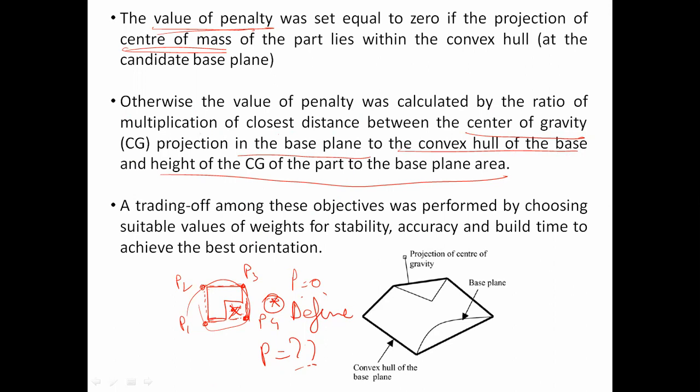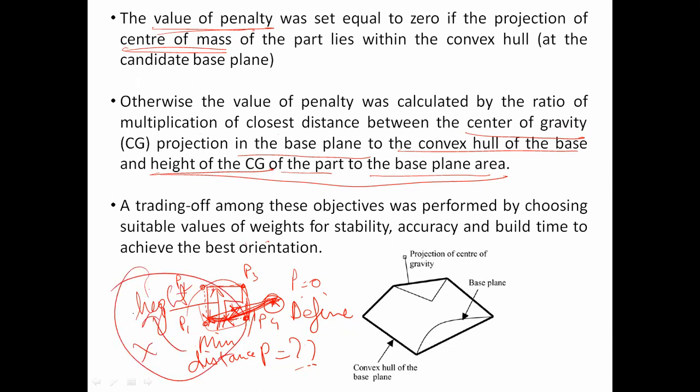Let us assume this is the point, this is the base. These are the 2 points, this is point 1 and this is point 2. So the minimum distance from that point will be taken. So this is the minimum distance. And this will be multiplied with the height of the center of gravity of the part to the base plane, that is, this height. So minimum distance multiplied by height will give you the penalty function.